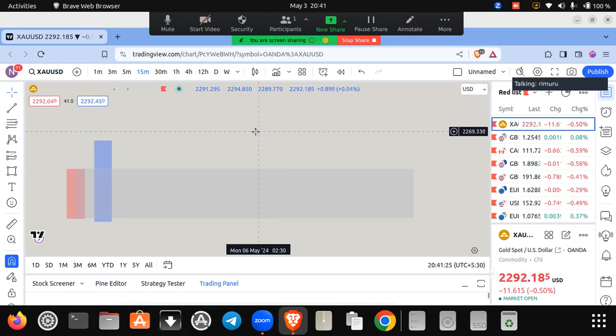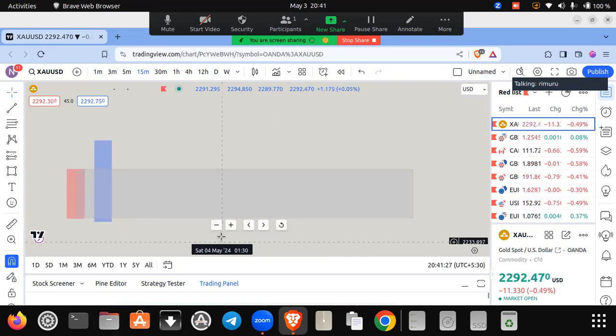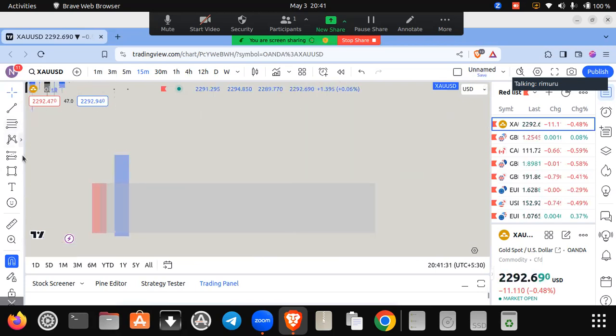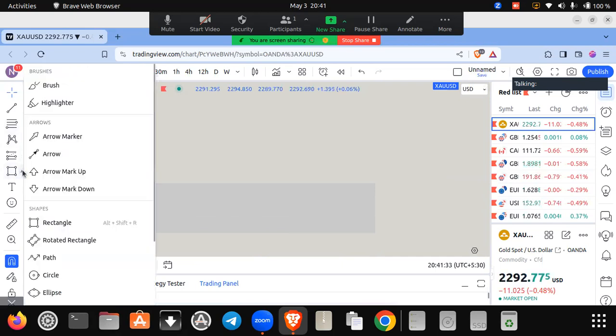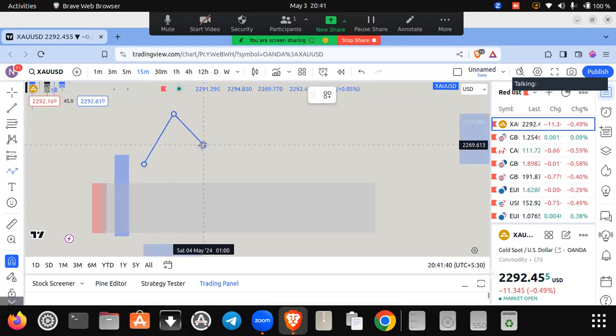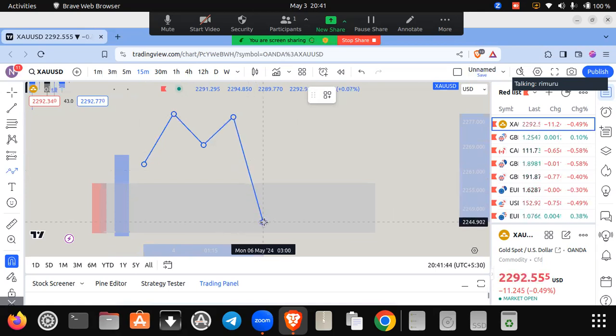So we already know that this is an engulfing buy zone. And now let's say the price is moving, and now the price has reached the engulfing buy setup.